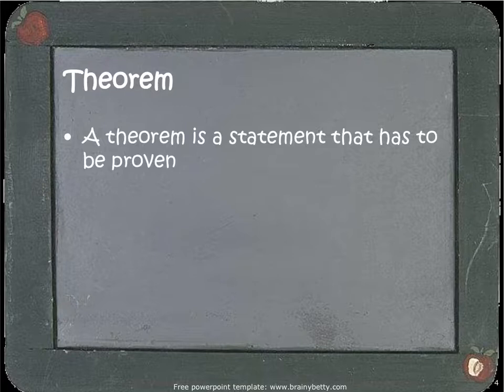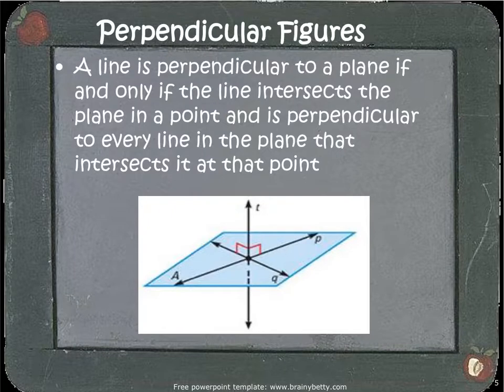Let's look at the picture. So here's our first diagram, and here's a statement about it. We're going to read it and see why it's true. We're going to look for little clues in our diagram.